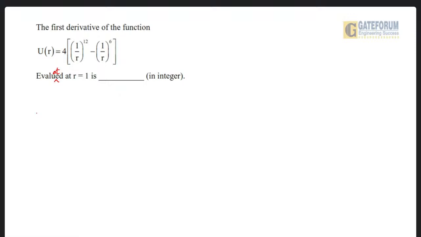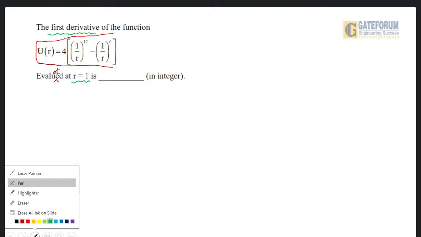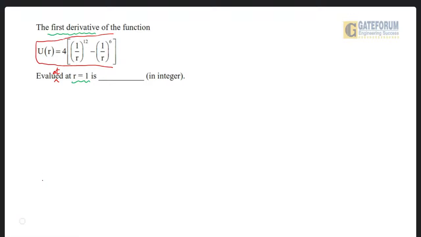The solution is, so this is u of r given. We have to calculate the first derivative at r is equal to 1. These are the key points. Now solution.